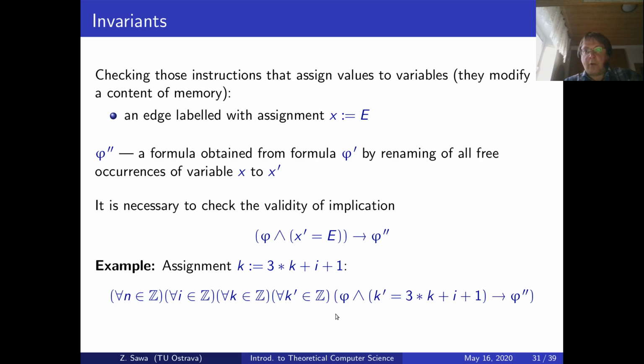Again, it must hold for all possible values of variables. So if I have these variables n, I, k, then for each value of n, each value of I, and each possible value of k and k prime, it holds that whenever the original invariant holds, which refers basically only to these variables and to this original value k, and assuming that this new value of k, this k prime, is equal to the value computed using this original value of k, then the formula that represents the invariant in the next state, where occurrences of k were renamed to k prime, must hold.